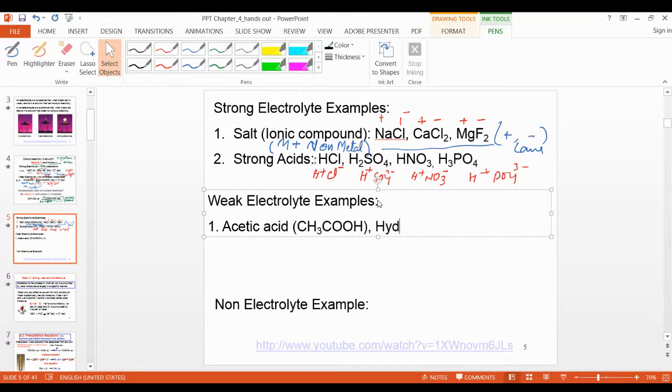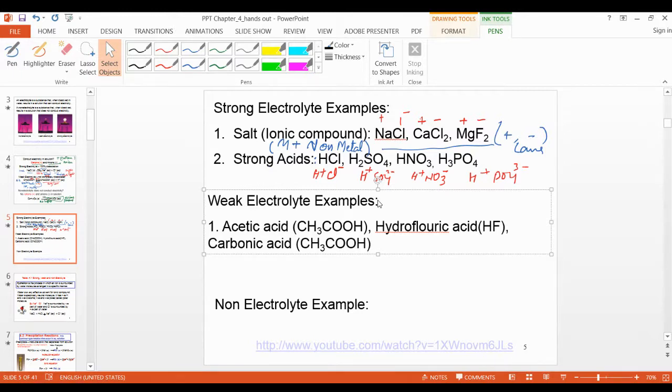and hydrofluoric acid. Hydrofluoric acid, this HF. And carbonic acid, that is CH3COOH, right?